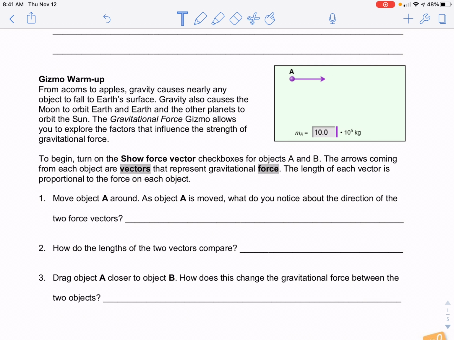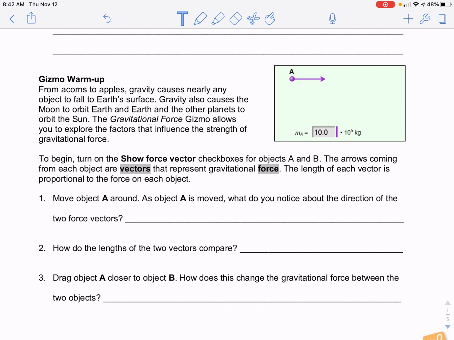Gizmo warm-up. From acorns to apples, gravity causes nearly every object to fall on Earth's surface. Gravity also causes the moon to orbit Earth and other planets to orbit the sun. The Gravitational Force Gizmo allows you to explore the factors that influence the strength of gravitational force. Here's what we're going to do.